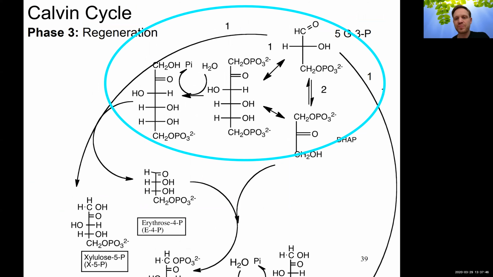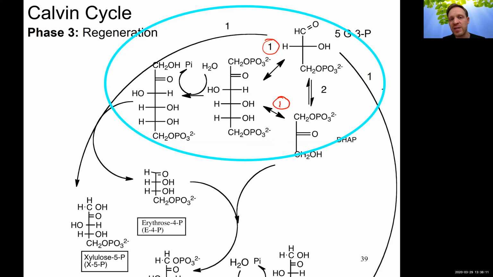So step 1 is we want to use our 5 G3Ps here, right? We will convert 2 to DHAP. This is part of GNG again. We can use an isomerization to interconvert DHAP and our G3P. And so one of the G3Ps we're bringing in here now, and we're bringing in one of the DHAPs.